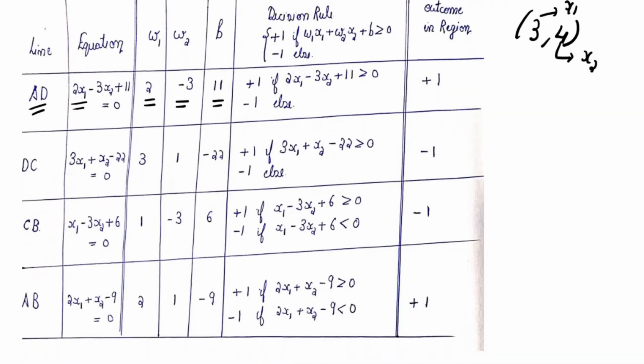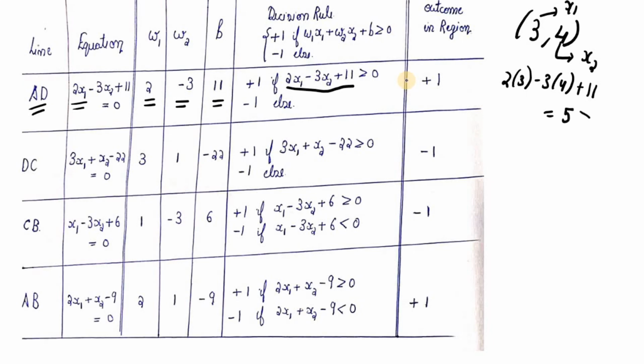Now let's try to understand that if I have a decision rule like this, 2x1 minus 3x2 plus 11 greater than or equal to 0, then only it will be 1. Let's plug in 3, 4 over here in the place of x1 and x2. I will be getting 2 into 3 minus 3 into 4 plus 11, and on solving we get the value as 5.